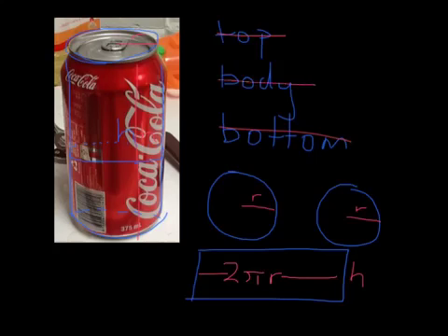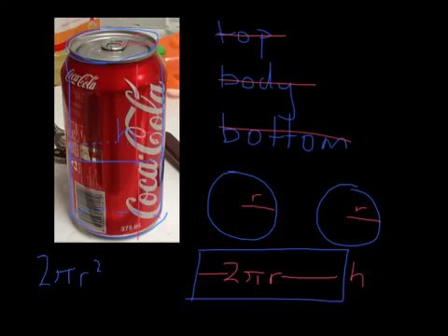So to figure out the total surface area of a cylinder, I need to find out two things. It looks like three, but I only need two. I need to find the area of this circle. This can be the top. It's going to be exactly the same as the bottom, so I have to do two of them. The area of this circle is pi r squared, and I have two of these, so I need 2 pi r squared.